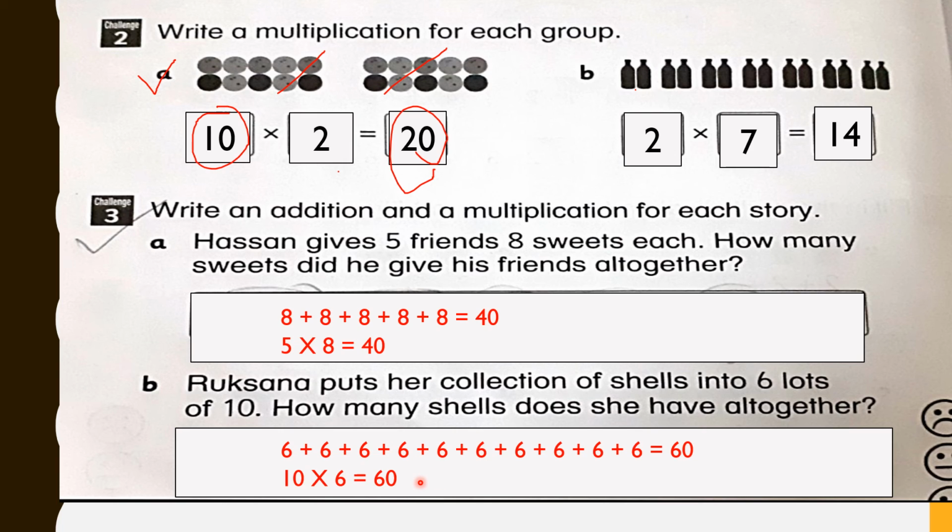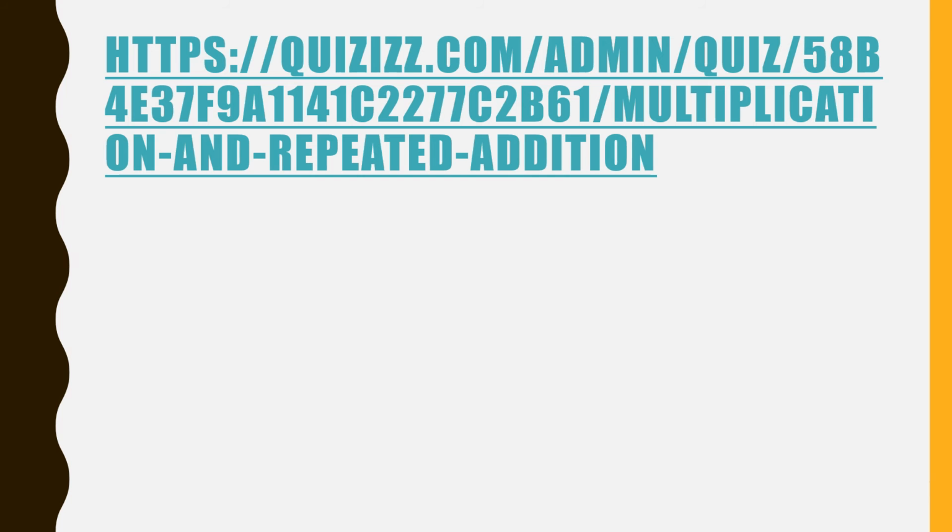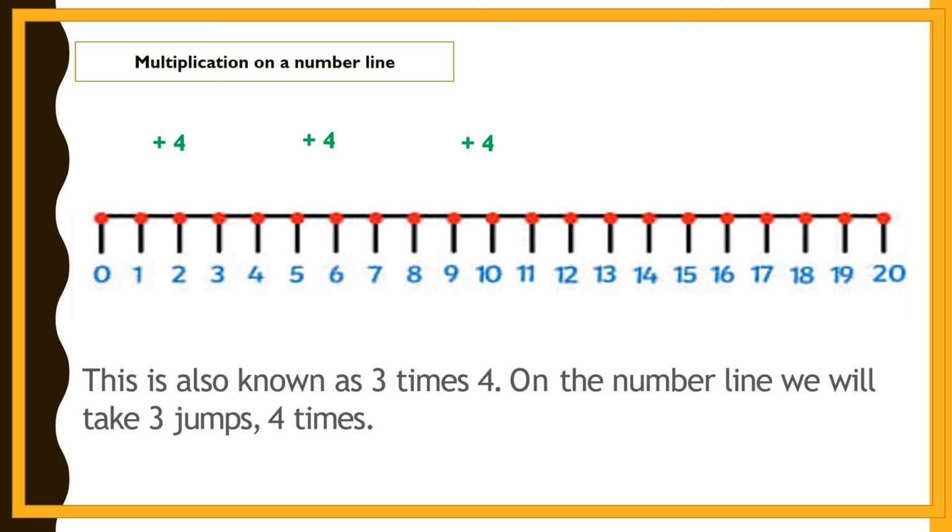Isn't it simple, students? Yes, it's very simple because we already know counting in tens, right? So when it comes to tens, it becomes simpler, right? Because 10 times 2 is 20, 10 times 6 is 60. This is simple. These quizzes we will be doing in the class.